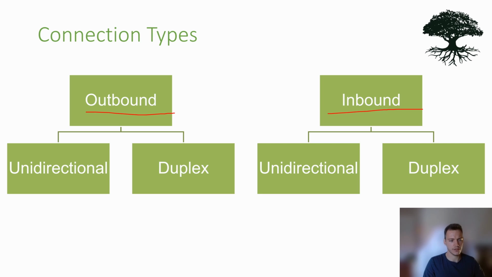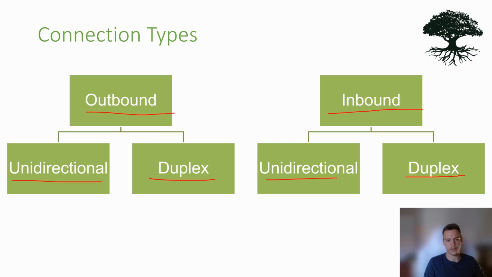Both of these connection types can be unidirectional or duplex. Unidirectional means that the traffic on this connection is only going one way. So an outbound unidirectional connection would mean that the connection is established with the other node, but only our node is using the mini protocols towards the other node.